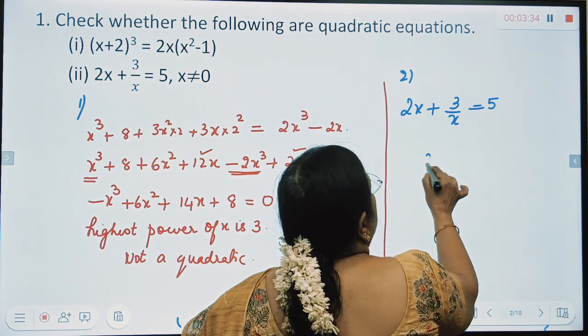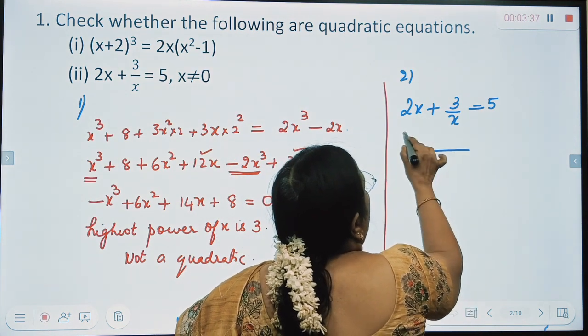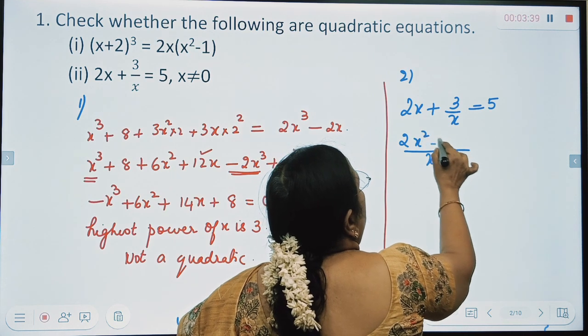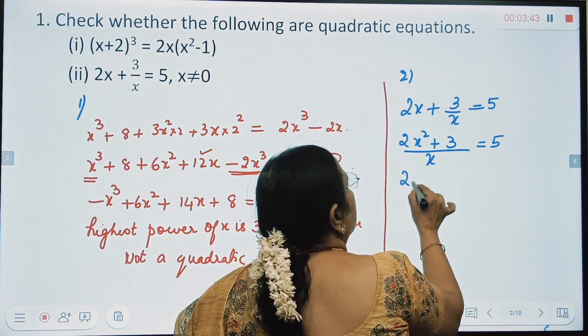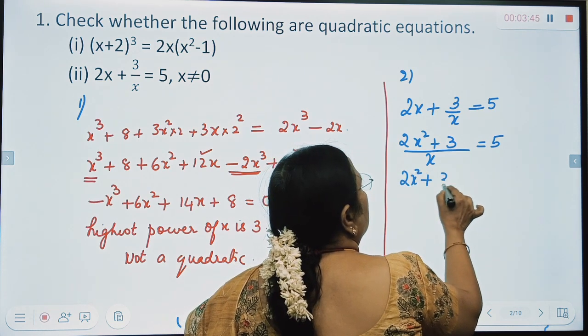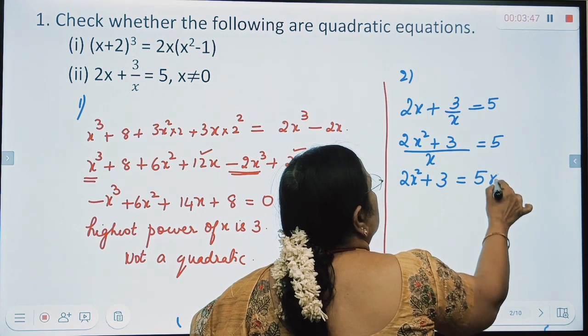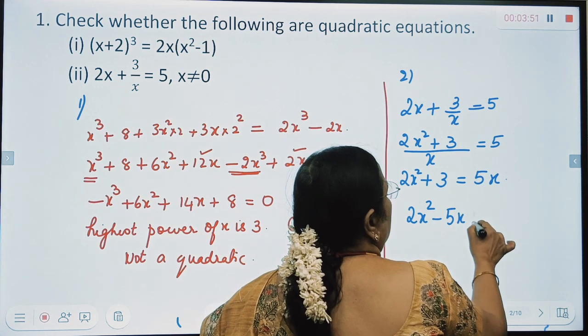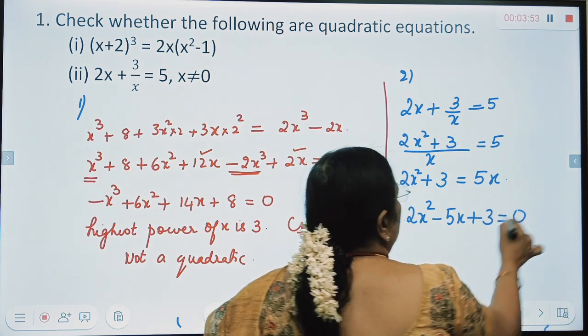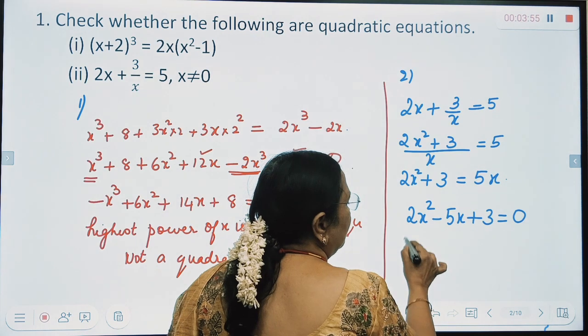So I'm taking LCM. I'll get 2x square plus 3 equal to 5x. So 2x square minus 5x plus 3 equal to 0. What is the highest power of x? 2.